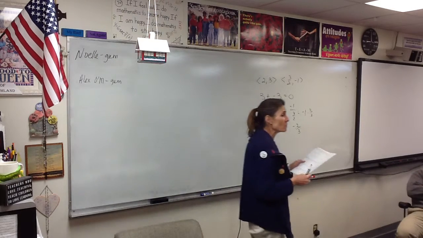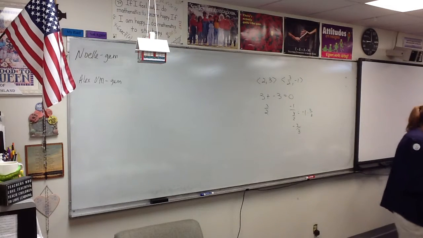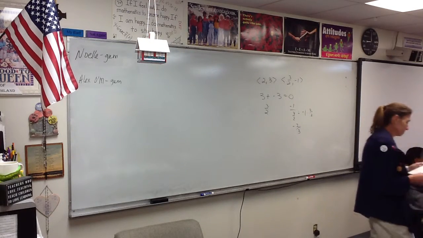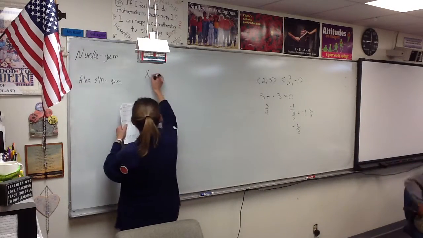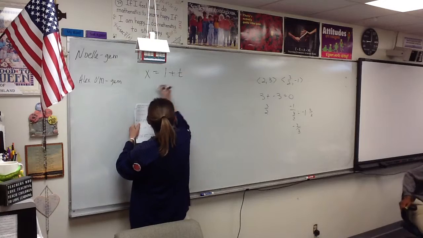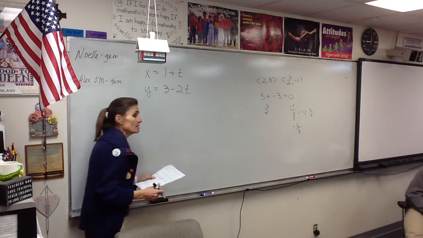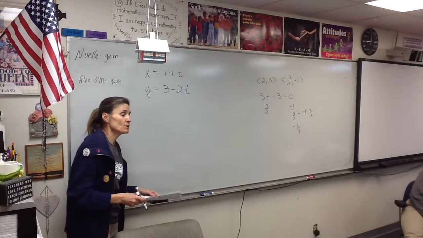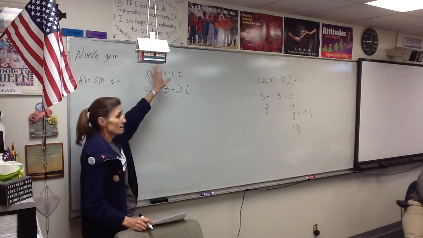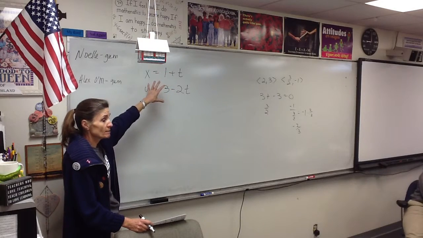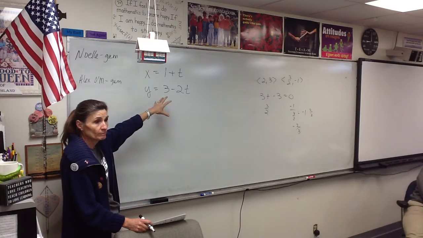Note sheet 51. 6.3. Eliminate the parameter and identify the curve. Here's what we're going to do. We're going to take both of these equations and get t by itself.